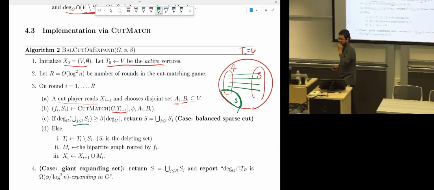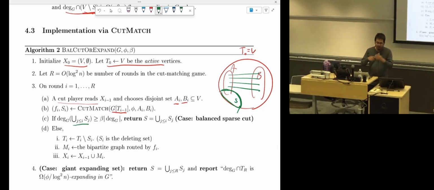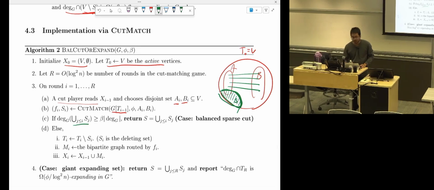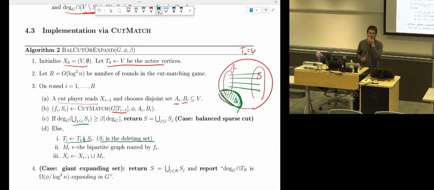But if the union is not big yet, like this one, it's just the first cut, then what we do is say that the guy inside here we want to delete. S_i is the deleting set. We remove it from the active. It's not active anymore. And let M be the bipartite graph routed by the flow. So we extract the meshing. This is M_i.